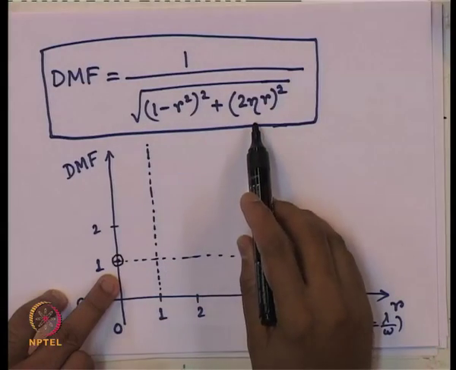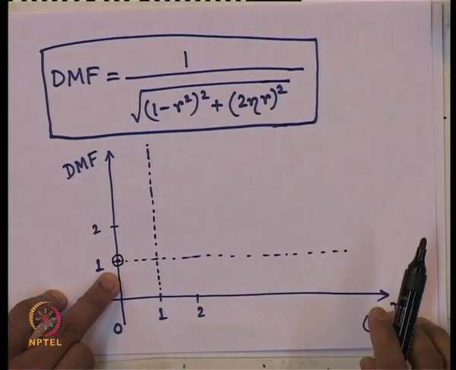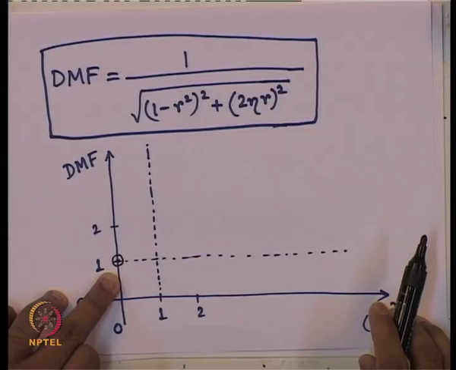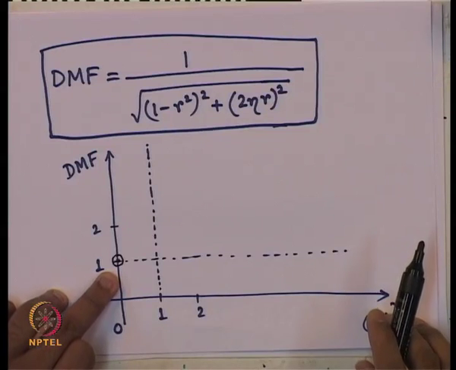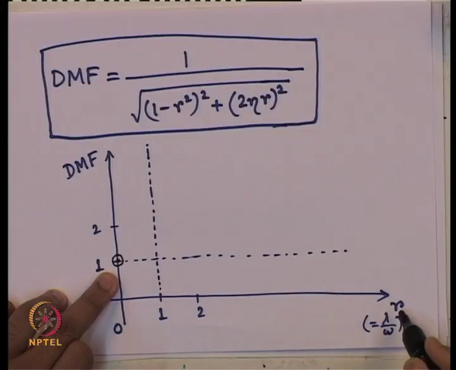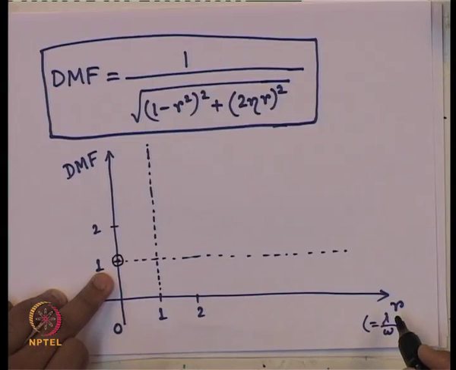So, of course, it has to be 1. When eta is non-zero, that is when we are considering a damped system, with r equals 0, that is again frequency ratio 0, what should be the value of the dynamic magnification factor? Again 1.